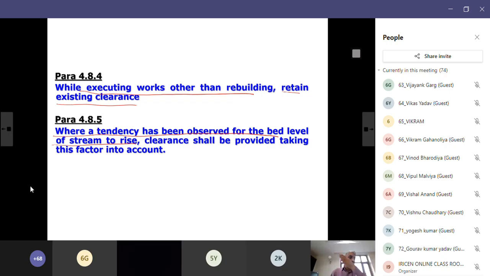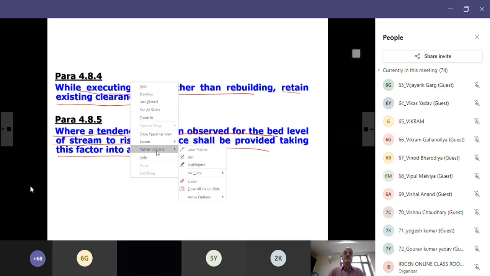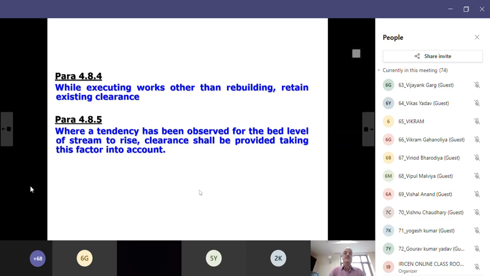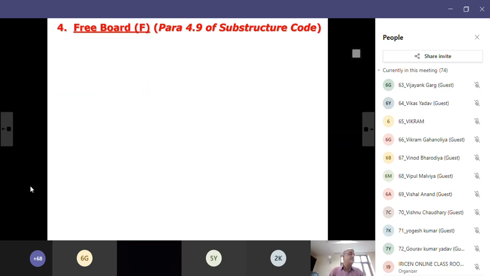Maybe the river gradient is changing there, or due to constriction, or the river bed is becoming wide there. All those locations, if the tendency is there, then you must take that into account. Change in bed level must be factored into those locations if you have observed such a thing. So these are about clearances. What is the minimum clearance and what are the relaxations available?